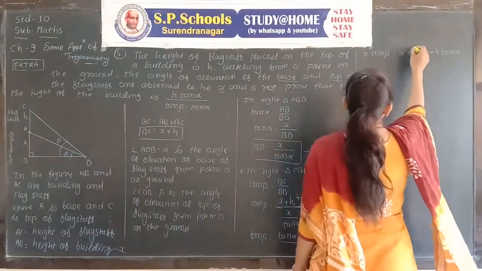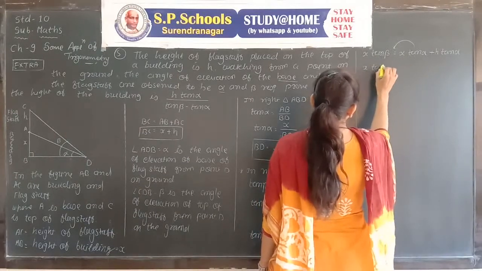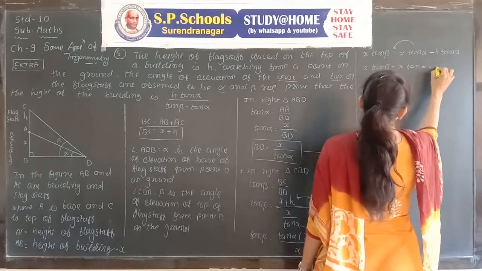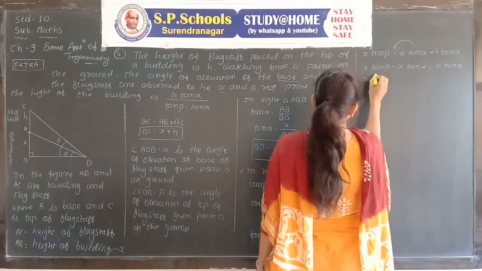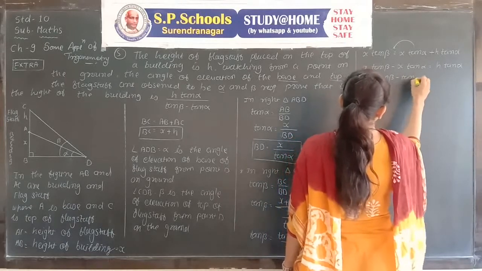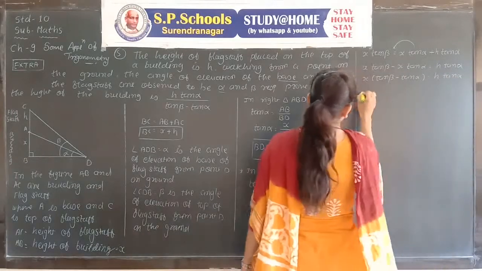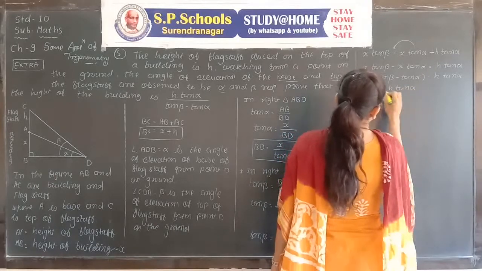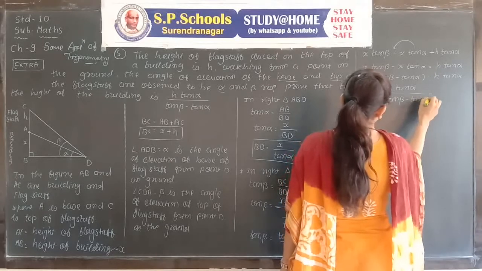So shift x tan alpha from the right hand side to the left hand side. x tan beta minus x tan alpha is equal to h tan alpha. x is common, remaining in bracket tan beta minus tan alpha is equal to h tan alpha. Making x the subject, x is equal to h tan alpha upon tan beta minus tan alpha.